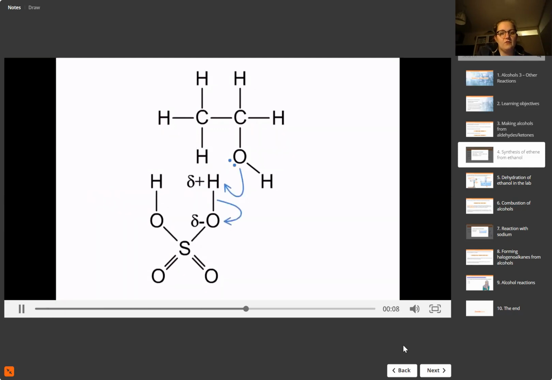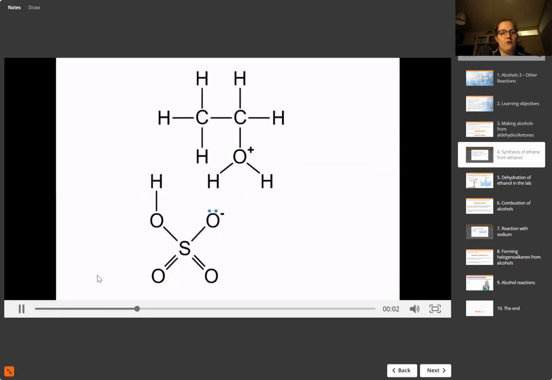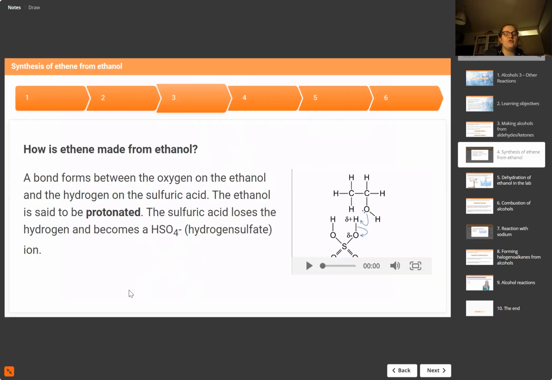This bond breaks between the oxygen and the hydrogen. What then happens is a bond forms between the hydrogen from the sulfuric acid and the oxygen on the alcohol, and that forms protonated ethanol. So we say the ethanol has now been protonated. Our sulfuric acid has lost a hydrogen and so becomes a hydrogen sulfate ion.